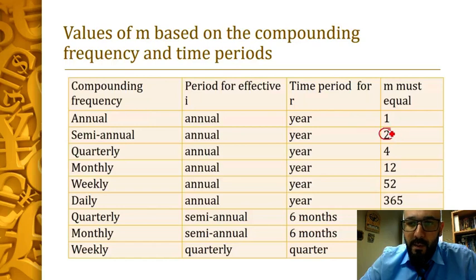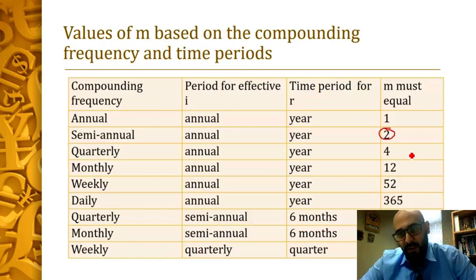So use this table as a guideline to help you find M. If the rate is compounded quarterly, that would be 4 periods. The financial institutions will charge you interest 4 times a year. Monthly, we have 12 months a year, so the interest will be charged 12 times.